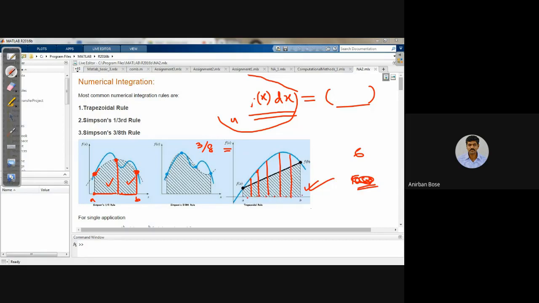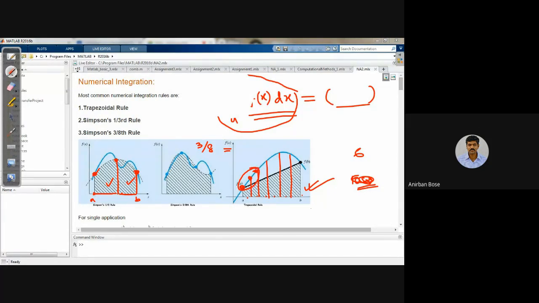There are 6 segments. Now, when Simpson's one-third rule is used, observe carefully which points you take. This is point 1, this is point 2, and this is point 3; these three give you one parabola.